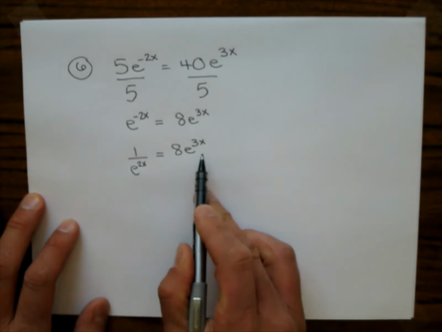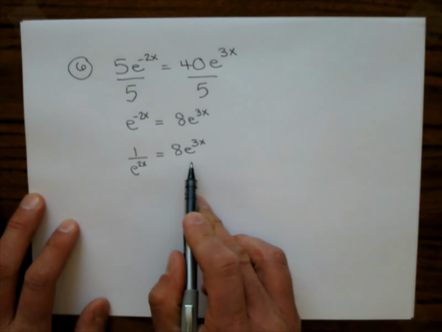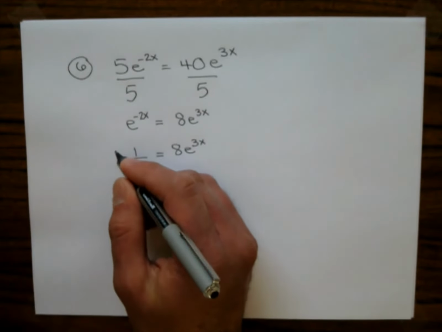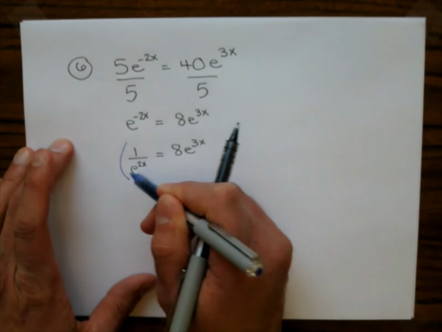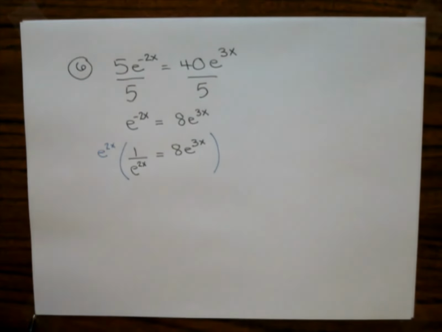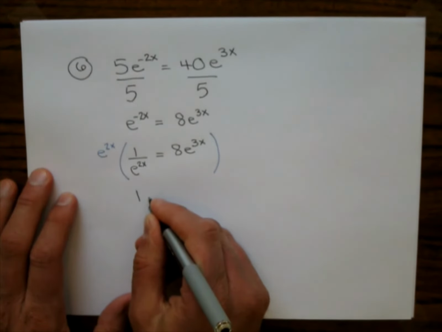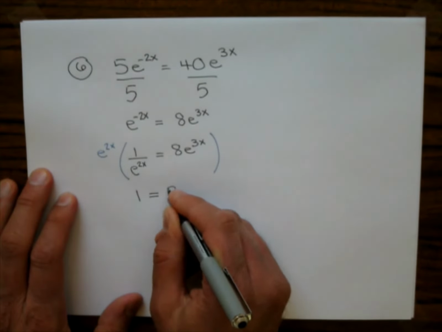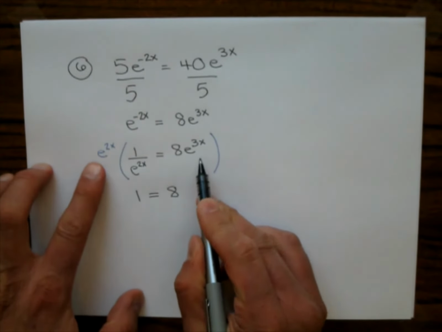So this is something that I can do. Now I'm going to multiply both sides of this equation by e to the 2x. So I get a 1 on the left-hand side, and on the right-hand side I get 8, and I'm multiplying these together.